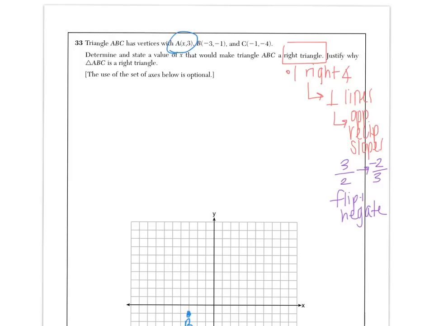Because I know that it has to go up to 3, over something, up 3, I'm going to just sketch this line in here, knowing that A has to lie on the line y equals 3.